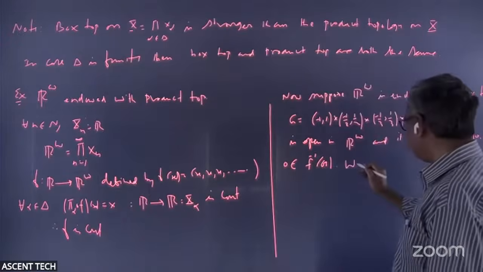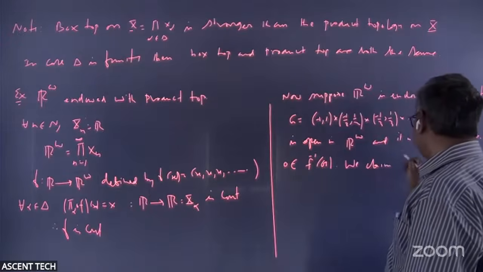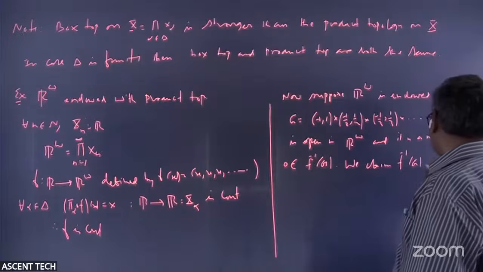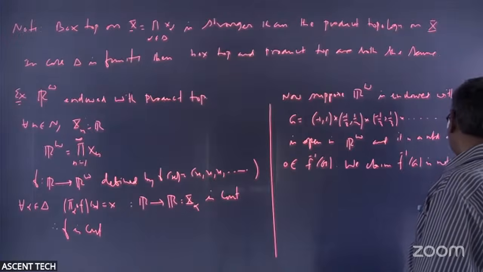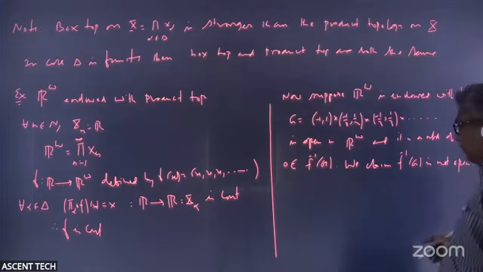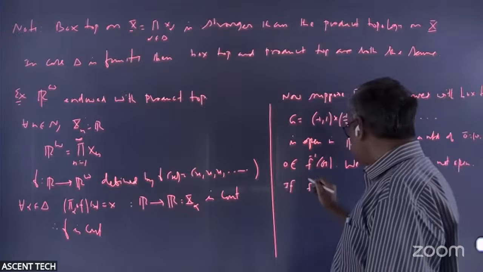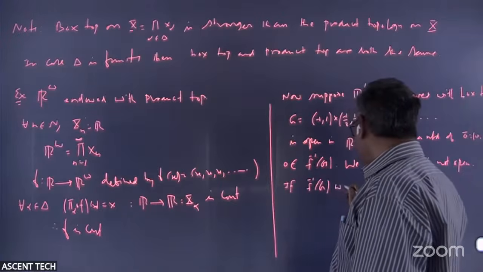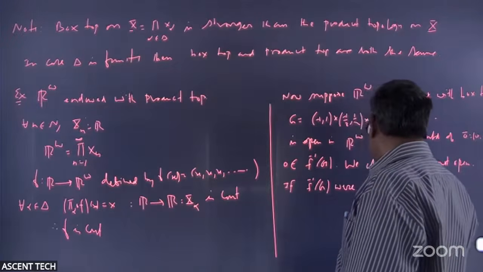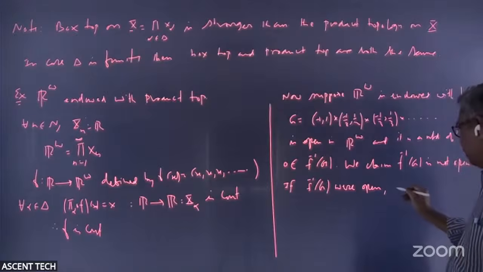We claim f inverse G is not open. If it is open, then 0 will be an interior point. If f inverse G were open, then 0 is an interior point.